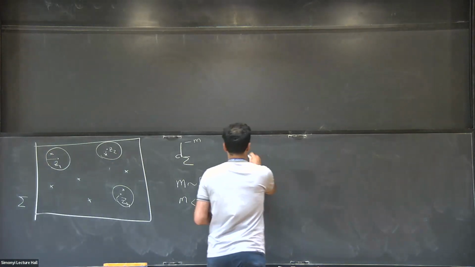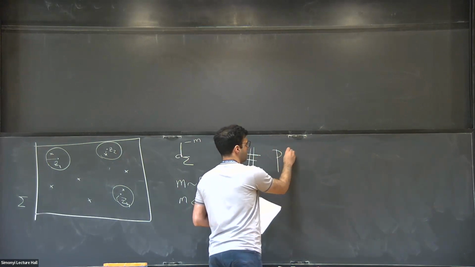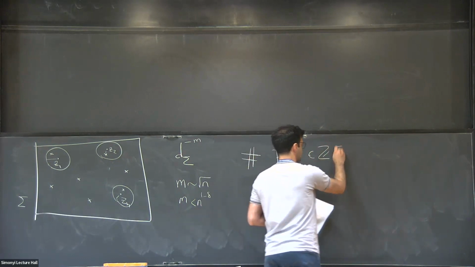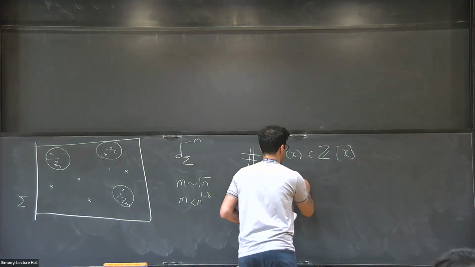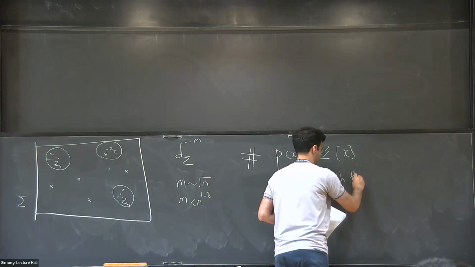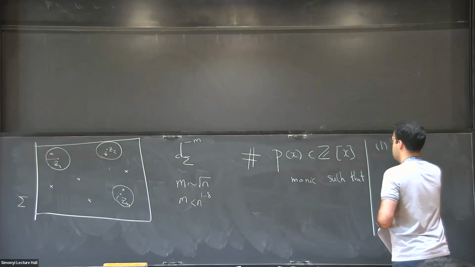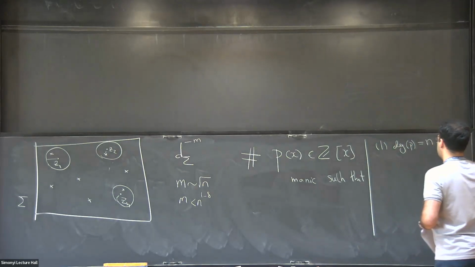So we want to count the set of monic polynomials in Z[x] such that the degree of P is fixed to be n plus m.